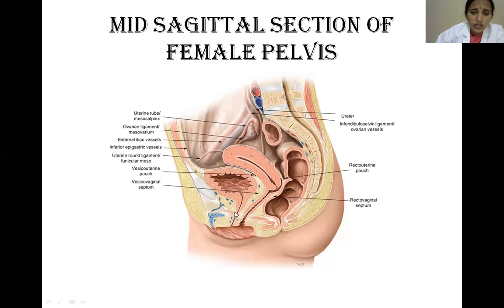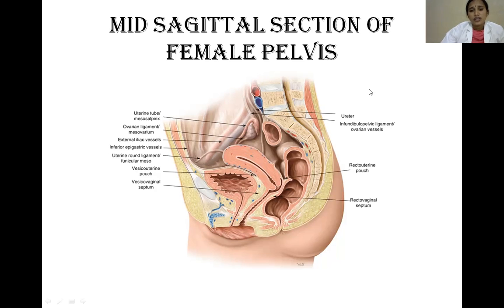So here you can make out these structures. This one goes anteriorly towards the anterior abdominal wall and to the lateral pelvic wall. You can see this is the uterine tube. At the lateral angle of the uterus, you will find the uterine tube or the fallopian tube.